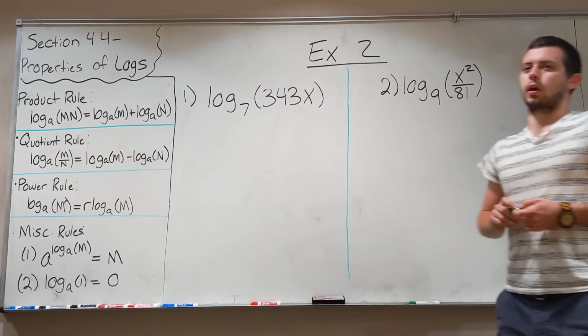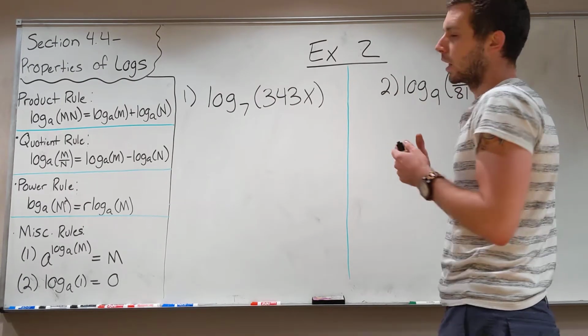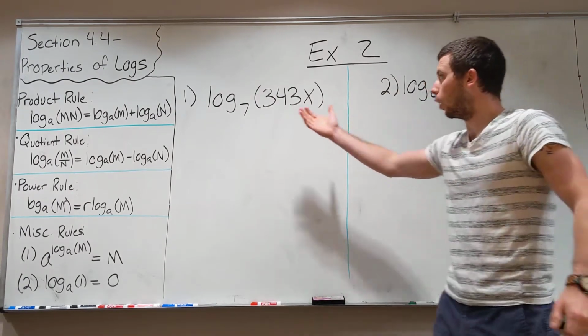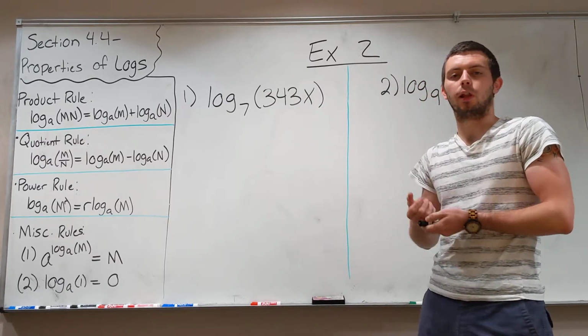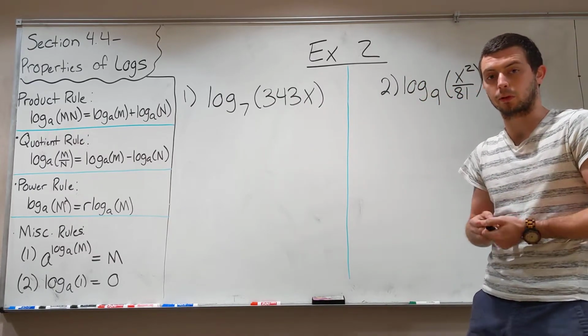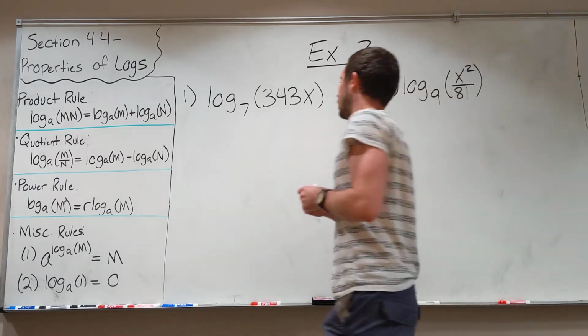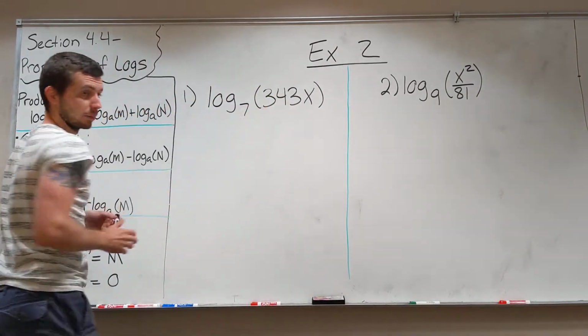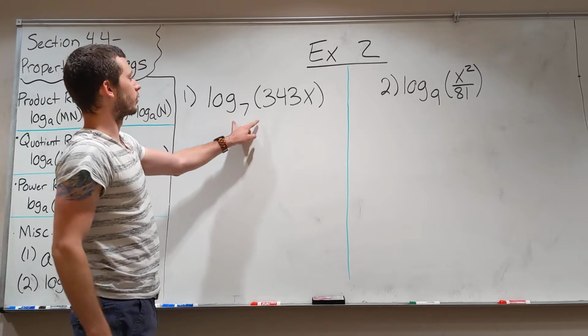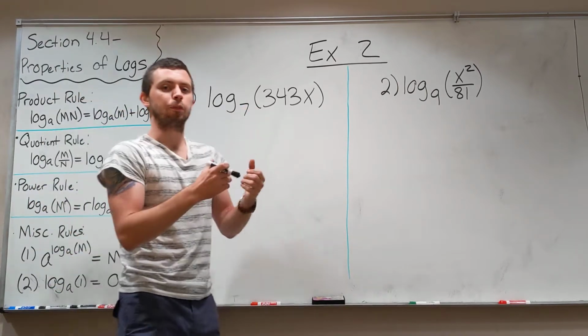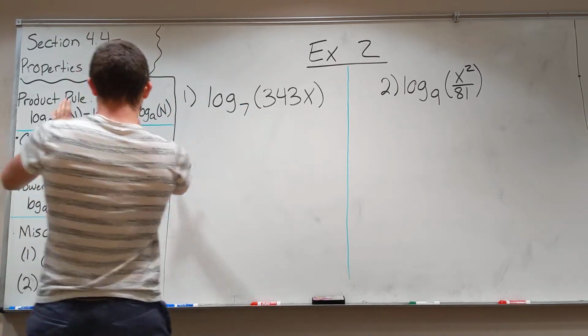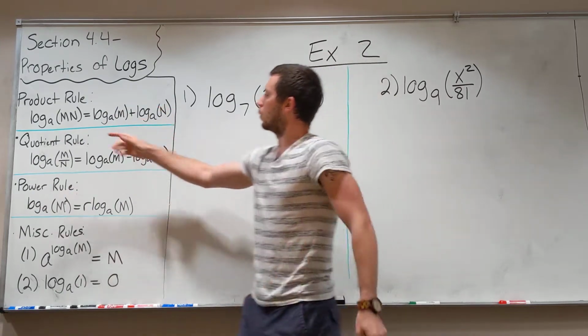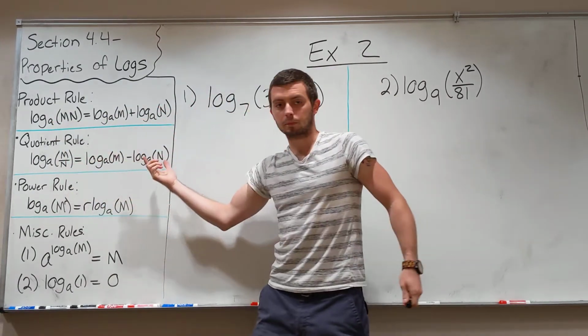So what we're going to look at now is expanding logarithms from 1 into 2 or more, and this allows us to simplify logarithmic expressions. So we'll go ahead and start off with the first one from example 2. With this problem, we're expanding it. So if we look at our rules over here, we have different ways of expanding.